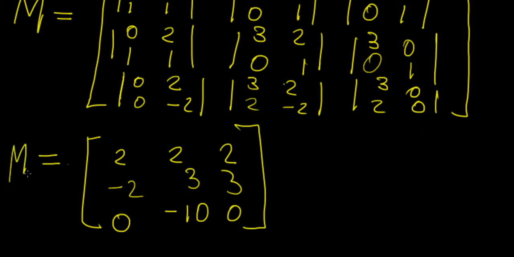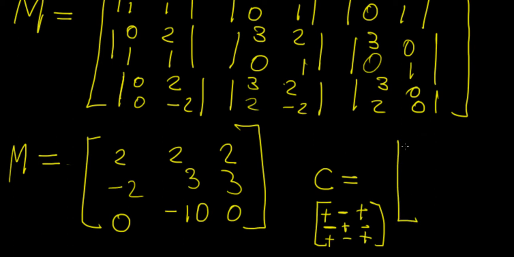So this is our minor matrix. Now for the cofactor matrix, what we're going to do is get each of those elements, but we're going to apply that little sequence that I showed you. So we're going to multiply each of the elements by the corresponding signs. So we're going to have plus, minus, plus.